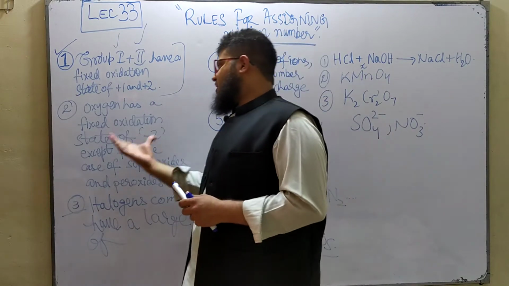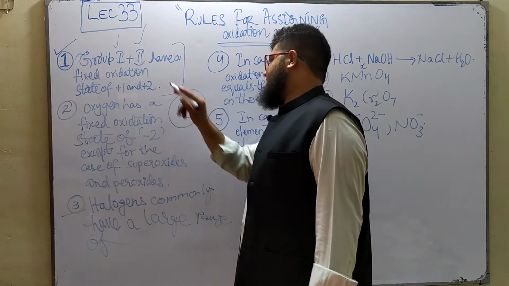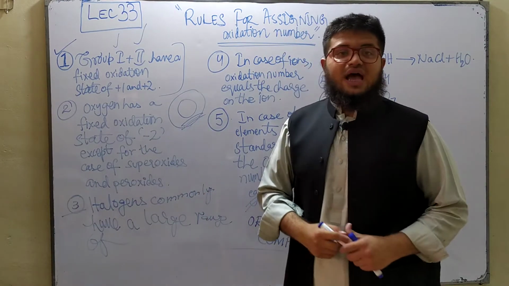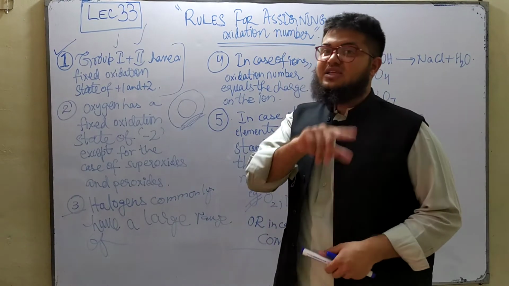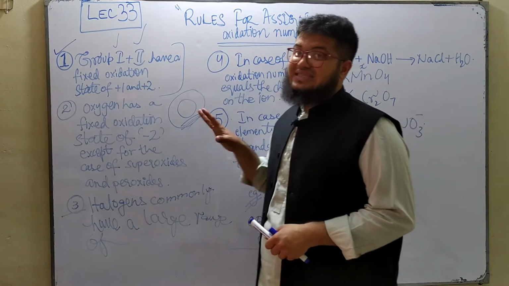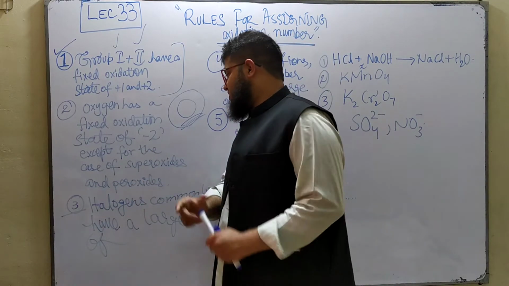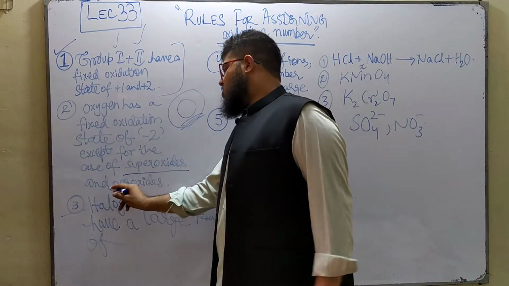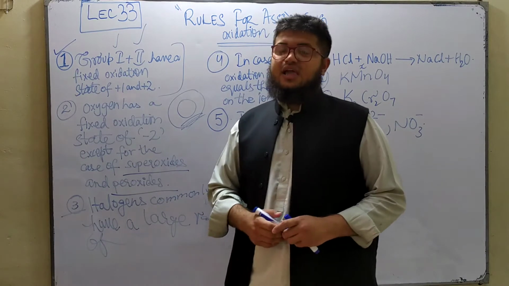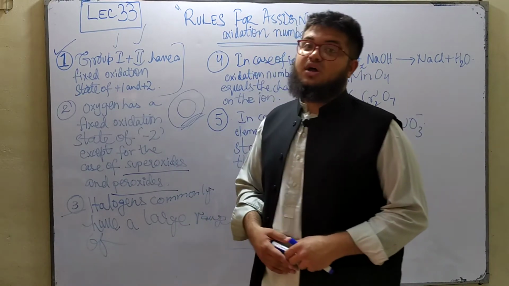Then the second rule that you must remember is for oxygen. Oxygen has a fixed oxidation number of -2, but there are exceptions to this rule. Only if oxygen is present in the form of superoxide or peroxide, it won't have an oxidation number of -2, it will have different oxidation numbers.